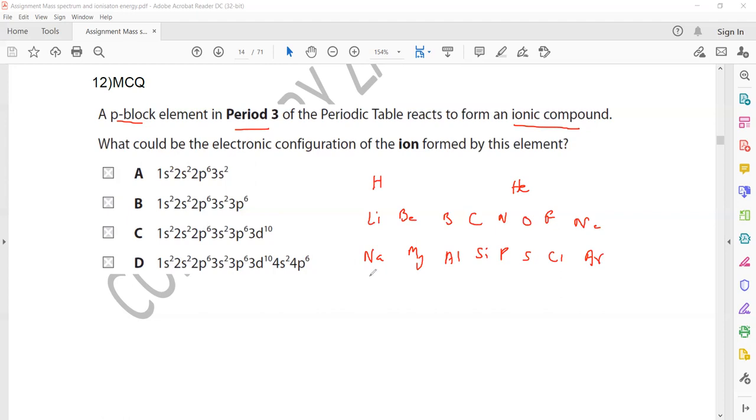So sodium has 11 protons, atomic number 11, magnesium 12, aluminum 13, silicon 14, phosphorus 15, sulfur 16, chlorine 17, and argon 18. When we write the electronic configuration, it will be 1s2, 2s2, 2p6, and 3s1.